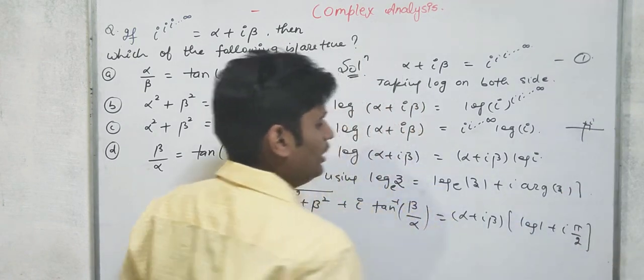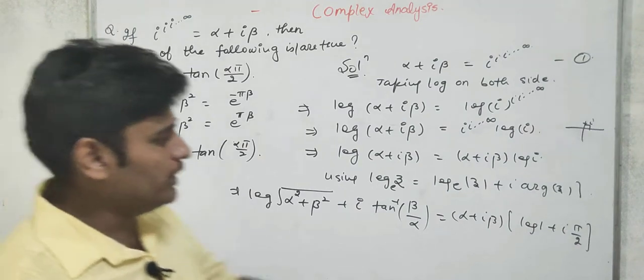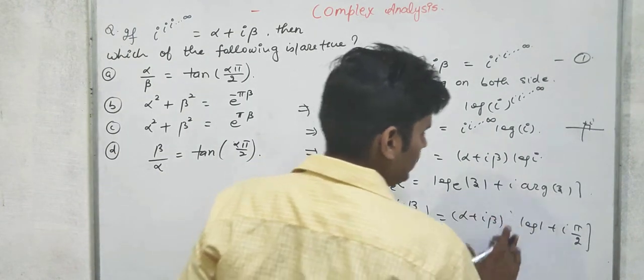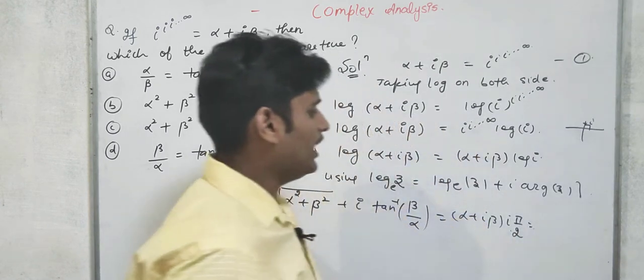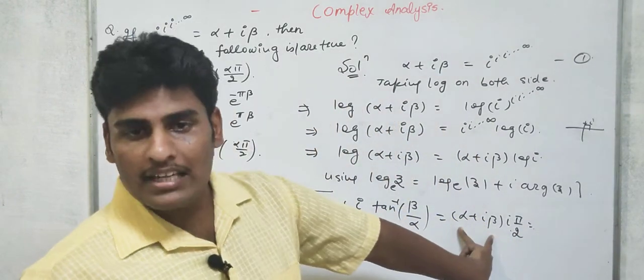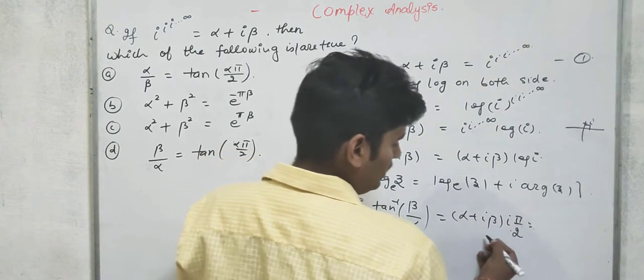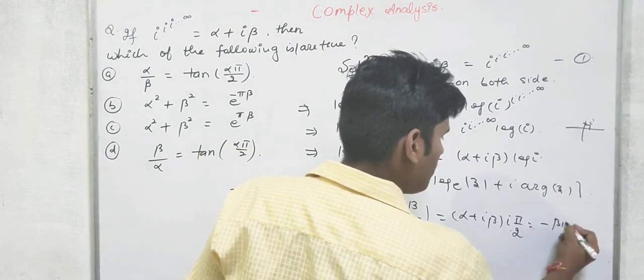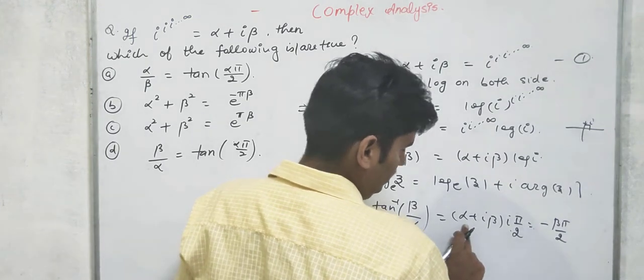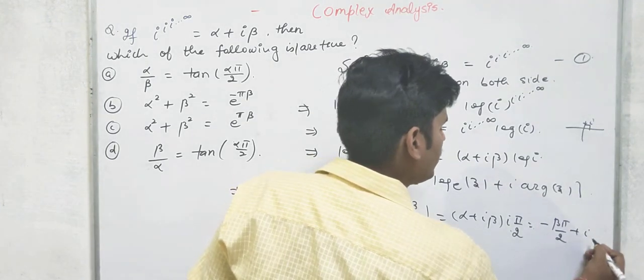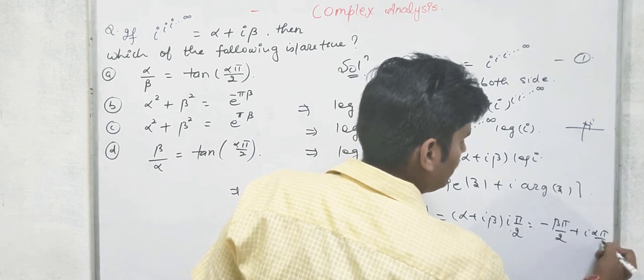Okay, so here we know that the value of log 1 is 0. So its complete is iota into pi by 2. Multiplying the iota pi by 2 with alpha plus iota beta, we find out that it's minus beta pi by 2 into iota plus iota alpha pi by 2.